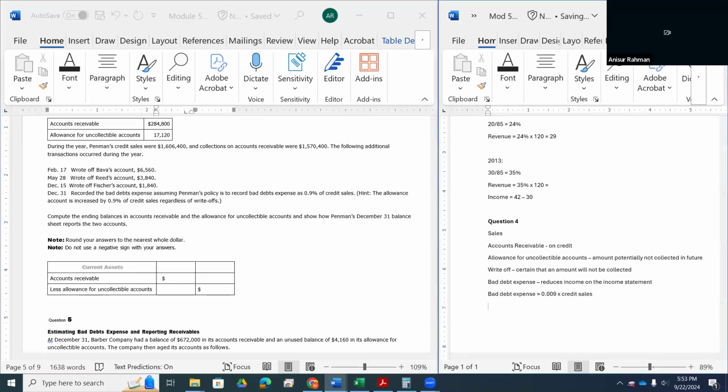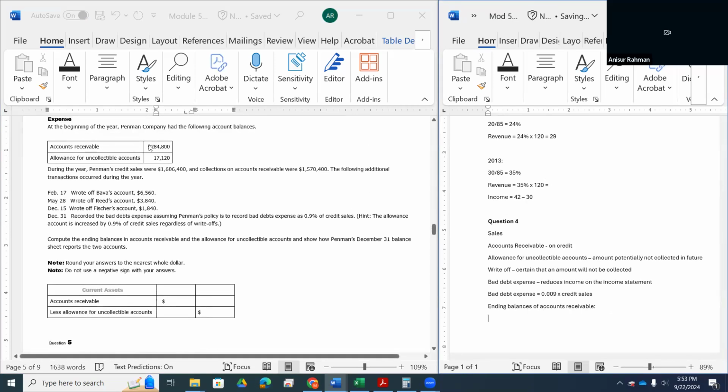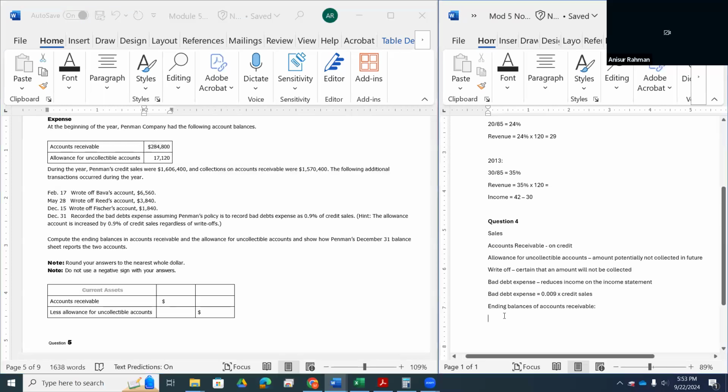So first, we take the beginning accounts receivable, which is 284,800.